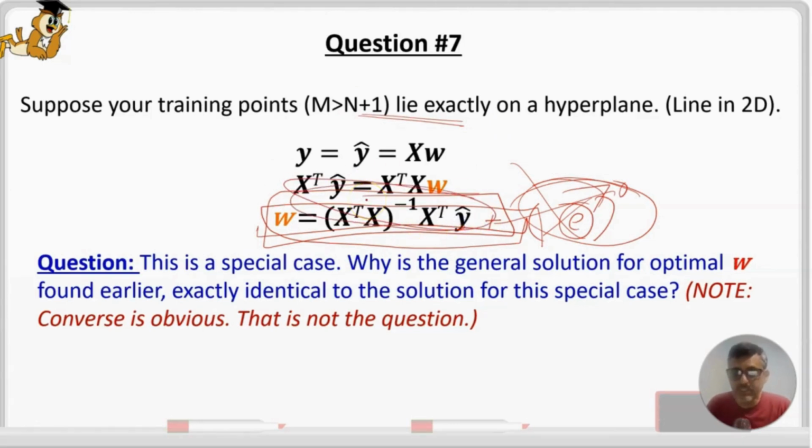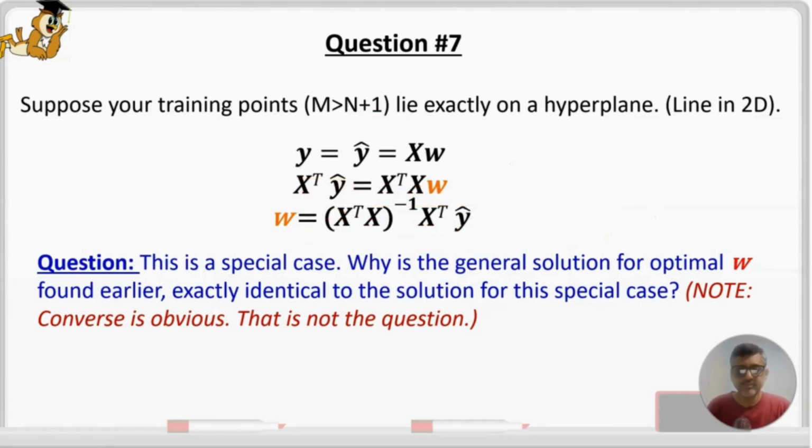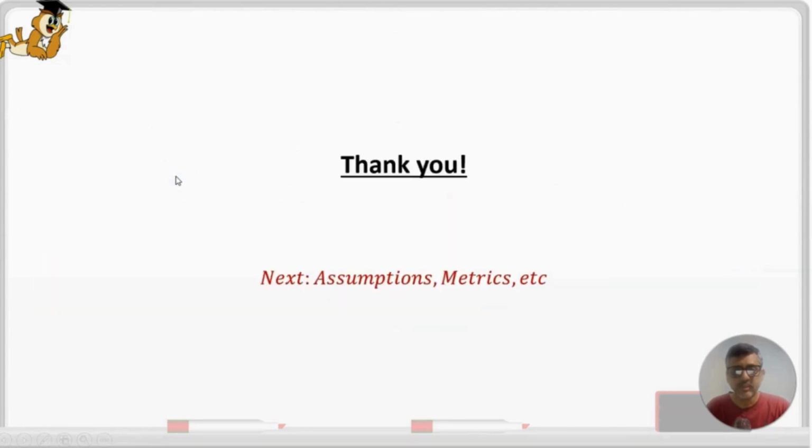I could have lived with that. That's my question. Why are the two exactly identical? Try to think about this. Okay, those are my questions.